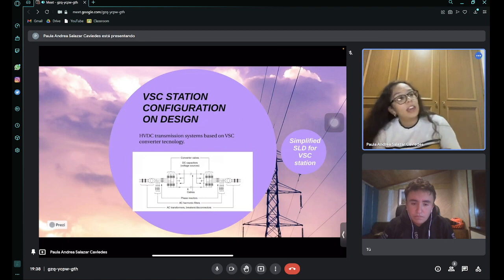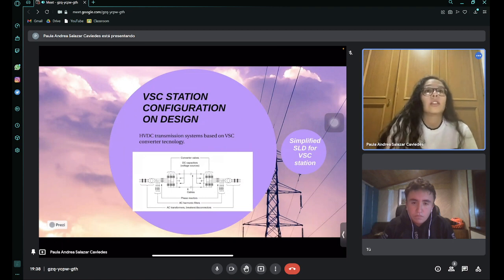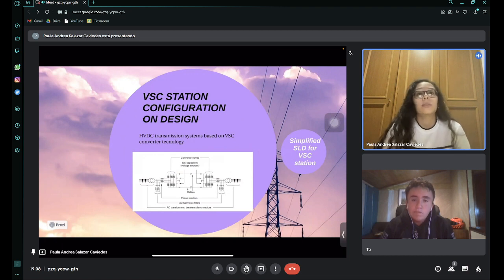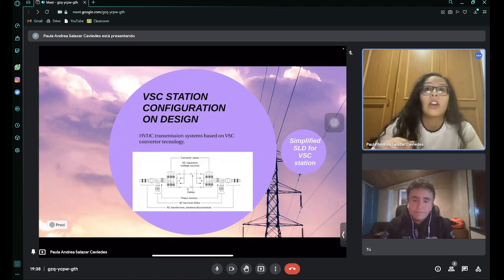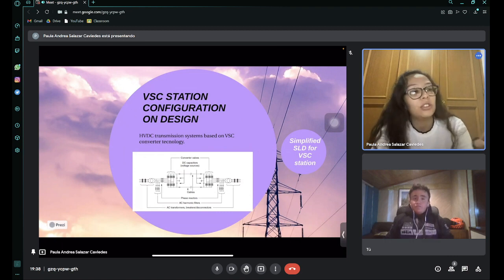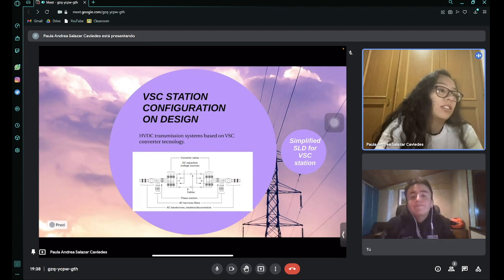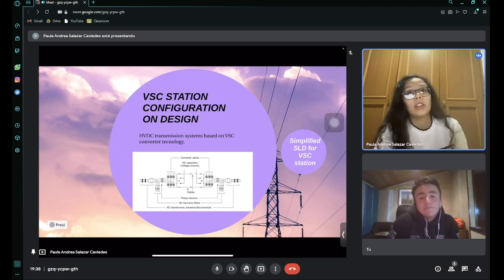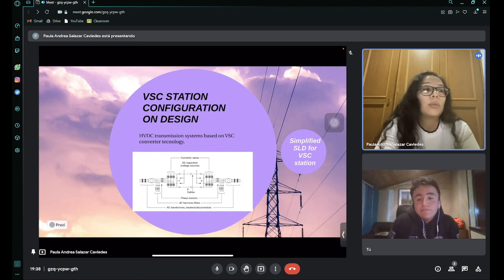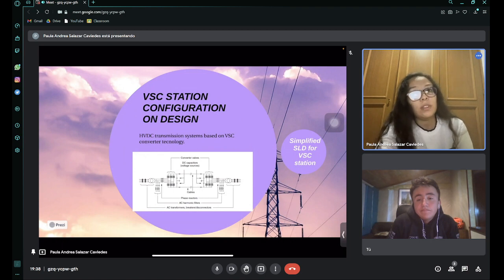The circuit is working with two bipolar HVDC systems with converters connected to the pole that we have at the extreme of each photo. They have AC transformers, breakers, and disconnectors, and they produce the voltage source.